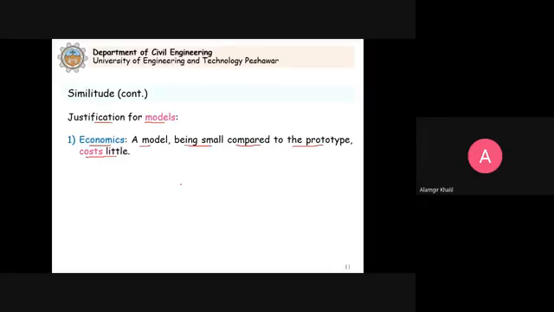So you want to make a model of a dam. Now you design a dam, you want to test it for different flow conditions. If you produce a model and then subject it to the different flow conditions in a controlled environment in a laboratory, that will cost little, clear, compared to the prototype. So this is the justification for the model studies.